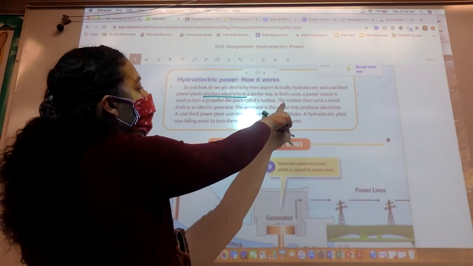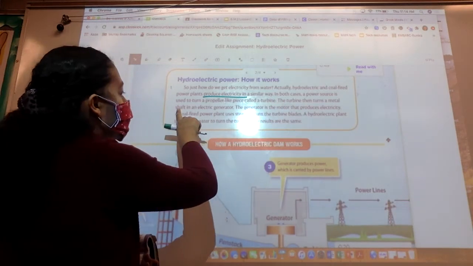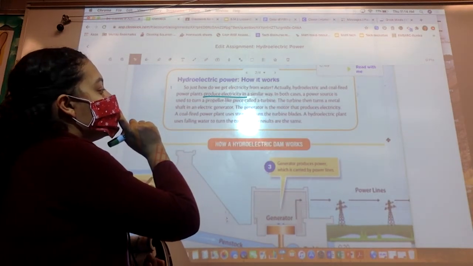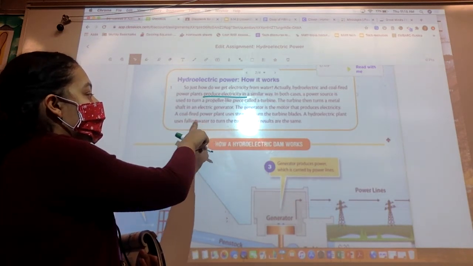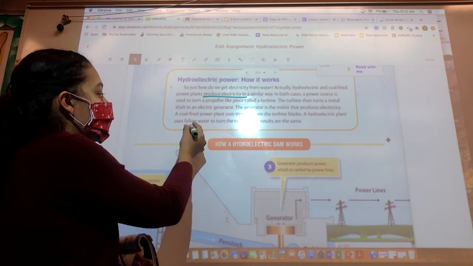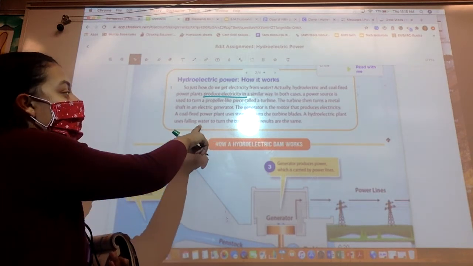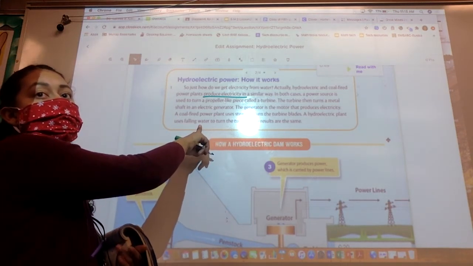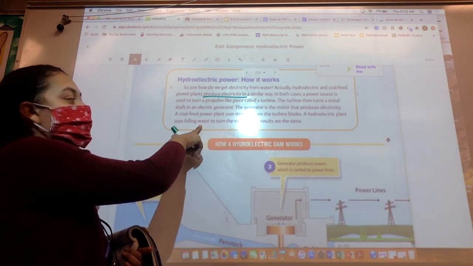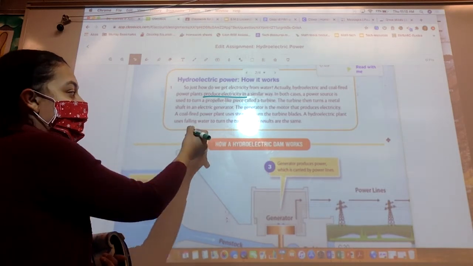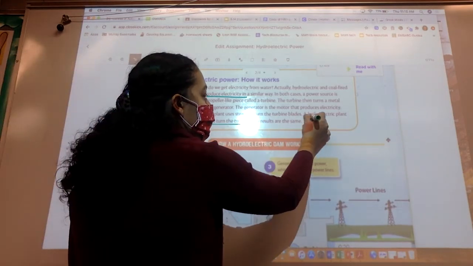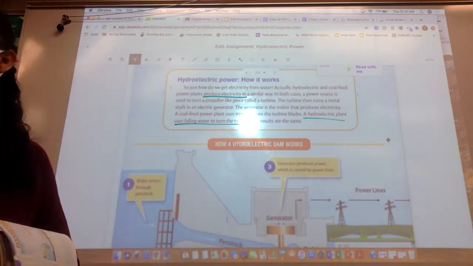Oh, it's right down on the bottom line, right here. A hydroelectric plant uses falling water to turn the turbine. Is that a benefit? Is it something that we get out of it? It's just kind of explaining. We can highlight that for explaining how it works. Non-polluted. Yes, Thomas. I think it is.